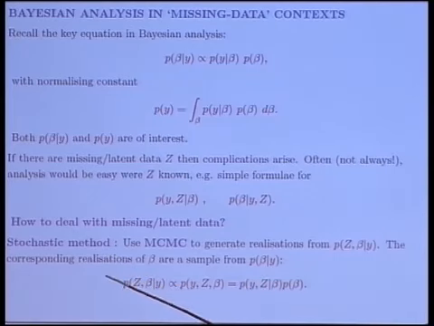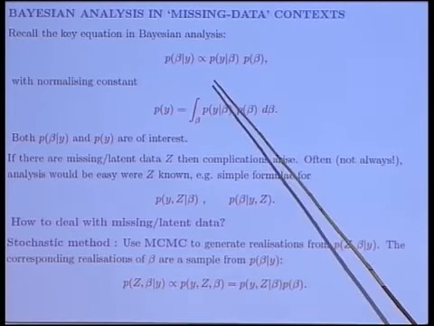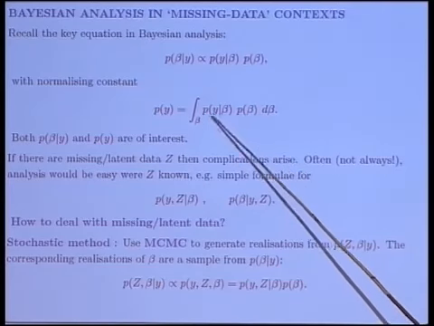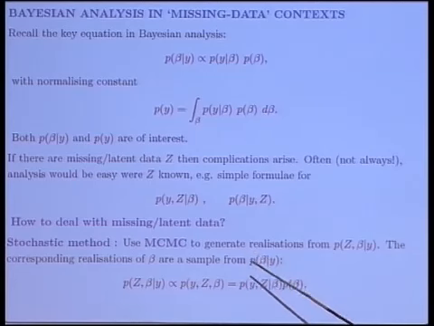Now, the problems arise if this isn't easy to do, or if that isn't easy to do. And if you have some missing values of some sort, then complications arise. Usually, if you don't have missing values, then the analysis is easier than if you do have missing values.